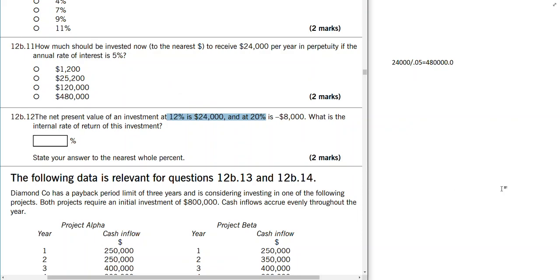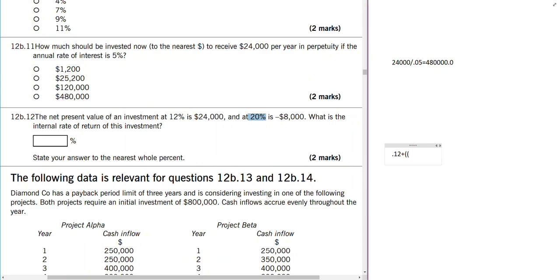So let's calculate it, because we can select an answer here. But remember, before I calculate it, I need to know where the answer should be. The middle of both of these will be 16%. Because 8,000 is closer to 0, the answer would be very close to 20%, which means it will be above 16%.